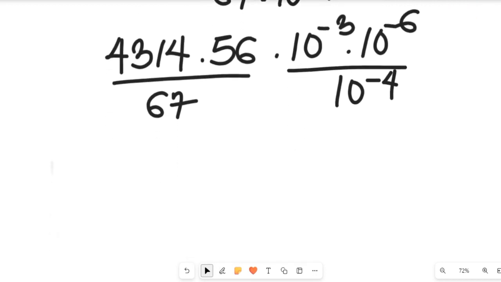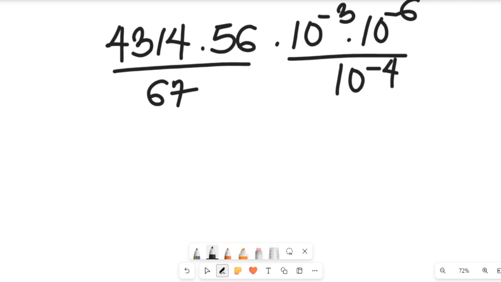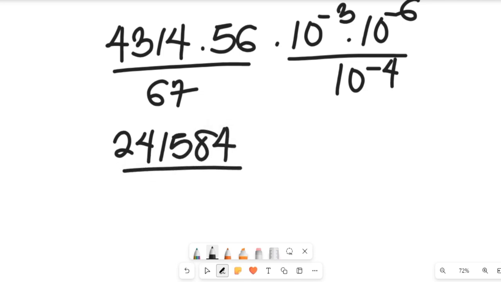Now I want you to do this separately. 4314 multiplied by 56 is going to give us 241,584 divided by 67.